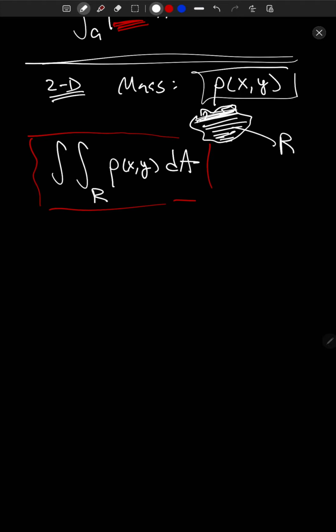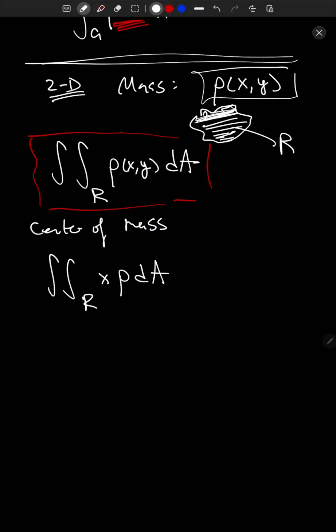All right. Okay, what about center of mass? Well, things are a little more complicated than the rod situation, but still not too bad because we have 2 coordinates, so we expect the center of mass to, in a way, be the average x value comma the average y, right? So the center of mass should be something like this. Integral of x rho over the integral of rho dA.